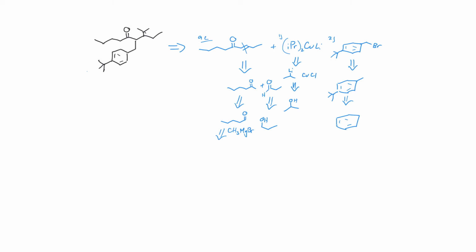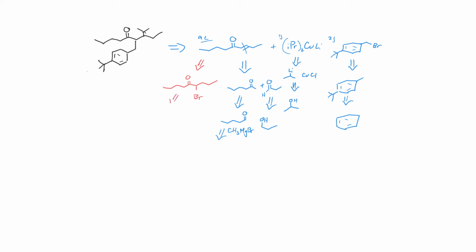Another way, let's just use a different color here, would be to install alpha-beta unsaturation by alpha bromination. So if I had a bromine here and I used, say, a non-nucleophilic base, I could affect the elimination.